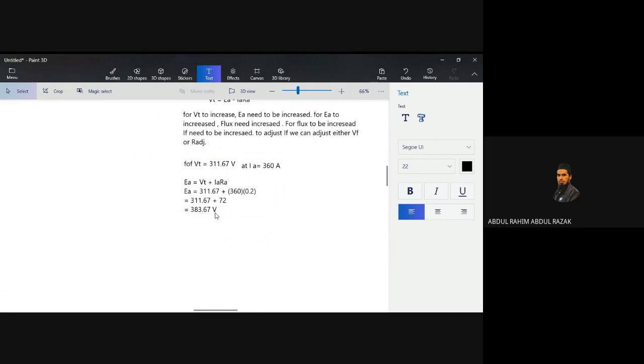And then, the equation is EA over EA naught is equal to speed over initial speed.